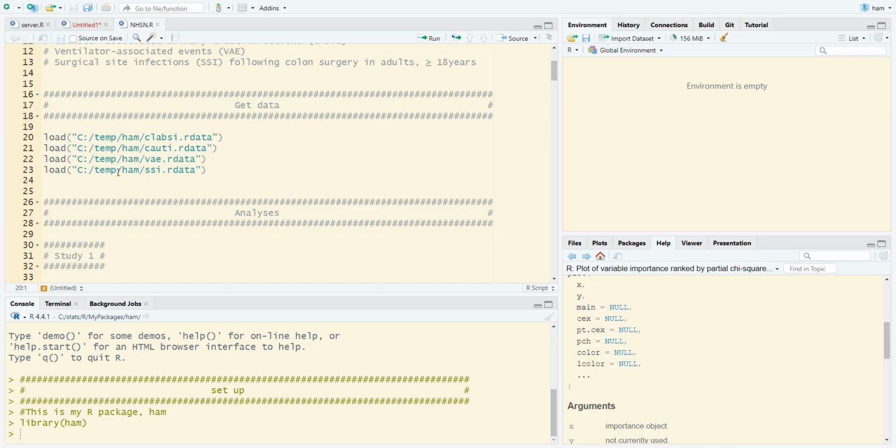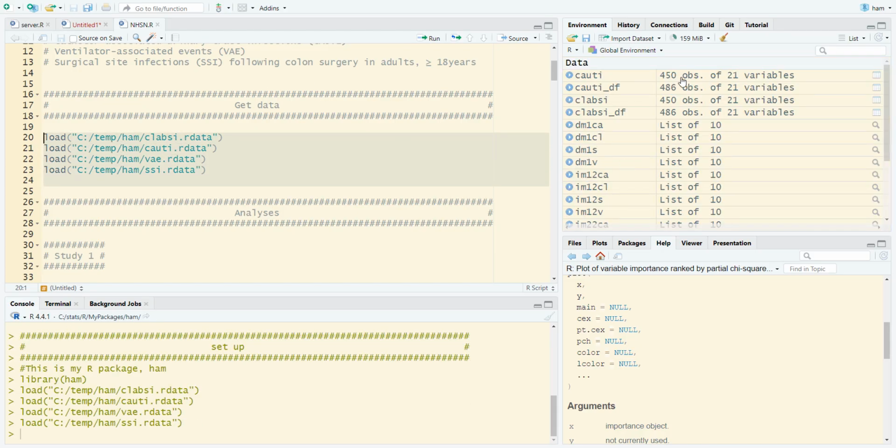I'm going to check. Actually, I think I need to run it. Okay, so on the right, within the environment in the top right corner, we have our data sets. We have two types. We have one that reads as the infection, for example, CAUTI at the top line, and immediately below that we have CAUTI_DF. That data frame includes the 4 non-U.S. states, which are Washington, D.C., and Guam, Puerto Rico, and the U.S. Virgin Islands.